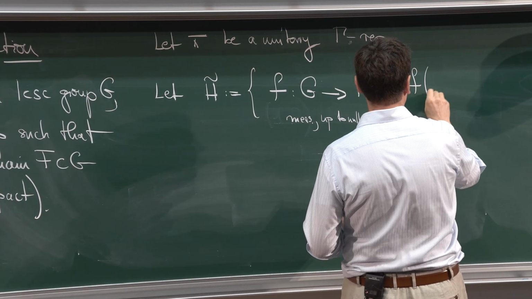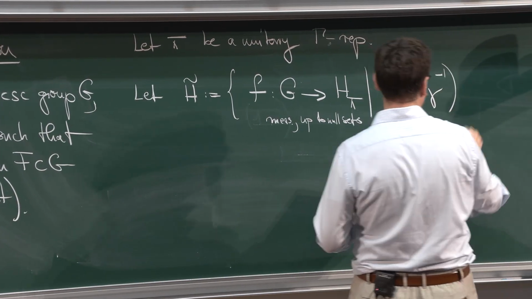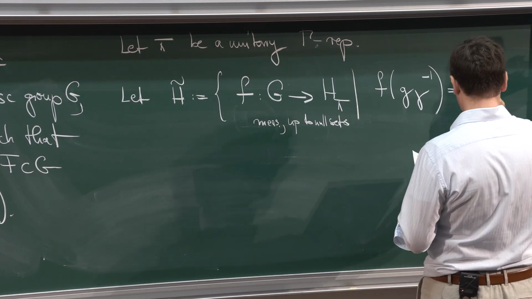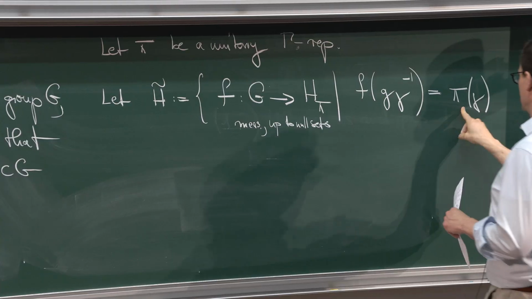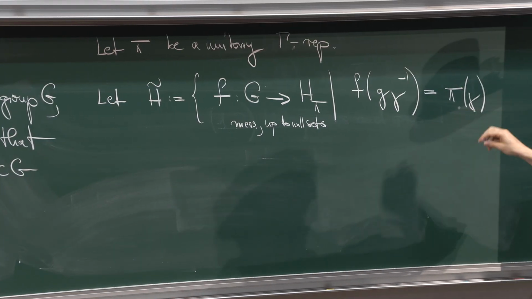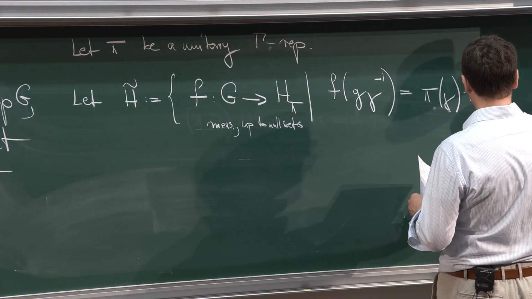So if I have an element g in G and I multiply from the right with gamma inverse, then this is the same as gamma applied via the representation to f(g).